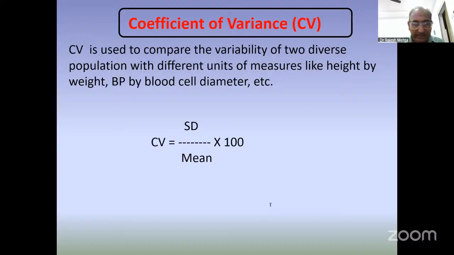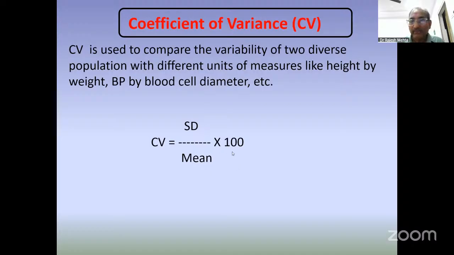Because in terms of that, 5 divided by 10 will be different, and in this case, 50 divided by 1000 will be different. So this is the coefficient of variance. This 50 is much less than this 5. Right? So this is how we can find out the coefficient of variance.